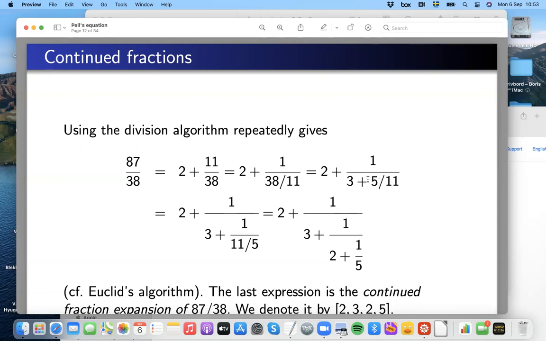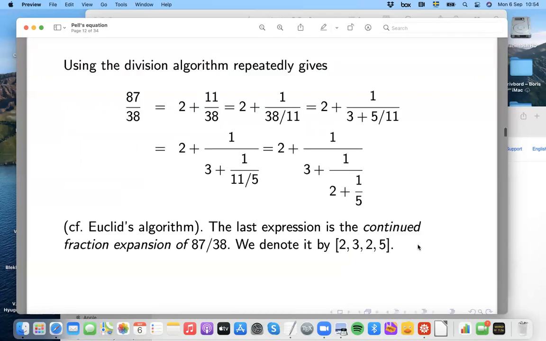You write this as 1 divided by 11 divided by 5. This becomes bigger than 1. You can split off the integer part and get the part which is smaller than 1 and continue. So the next, after this step, you get 2. You see what I have. The important thing would be the sequence of positive integers: 2, 3, 2.